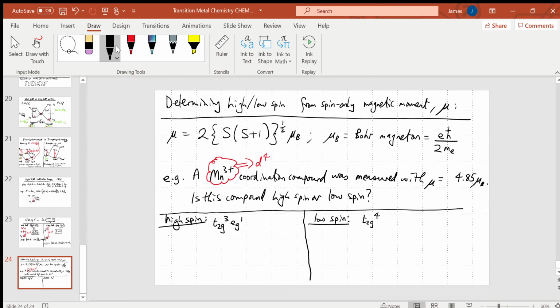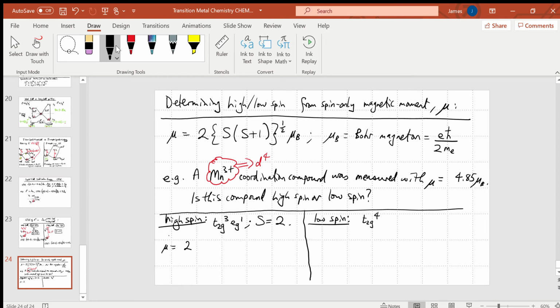If it's high spin, then looking at this formula up here, the spin-only magnetic moment, mu, is going to be the number 2. Well, we need to calculate S, because I need to plug in S. So if I've got 4 upward pointing arrows, then S is going to be 2, right?